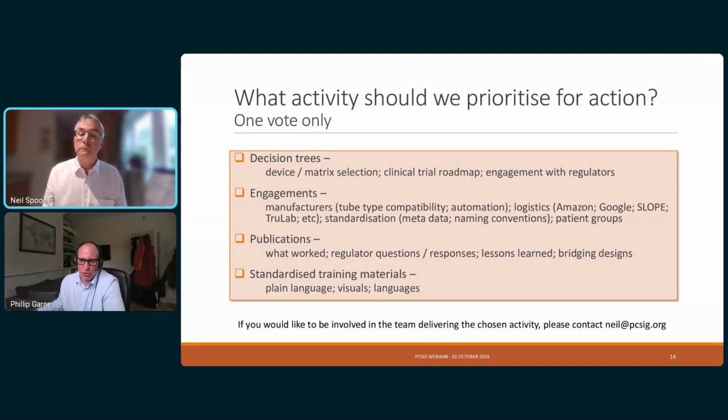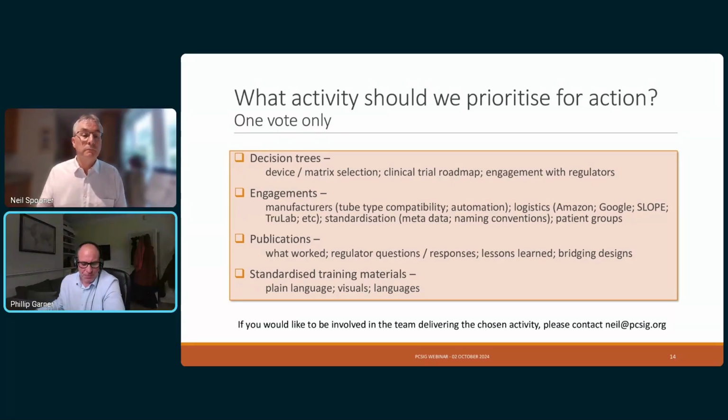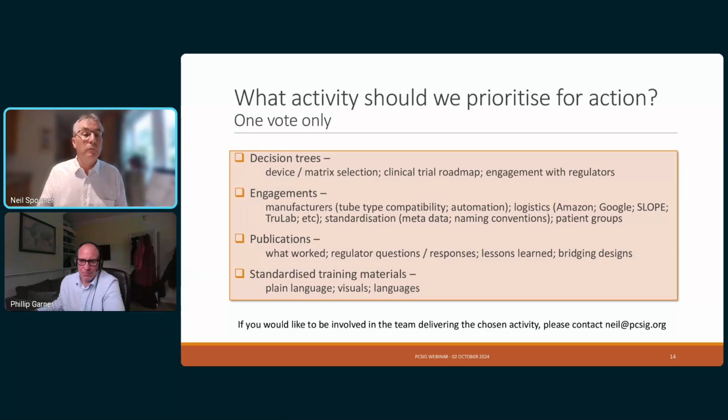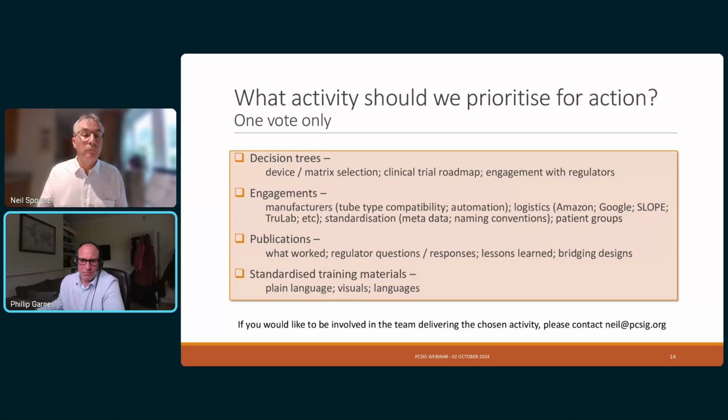This shows the general trend. Which is about 60% for engagements, okay, and 40% for decision trees.